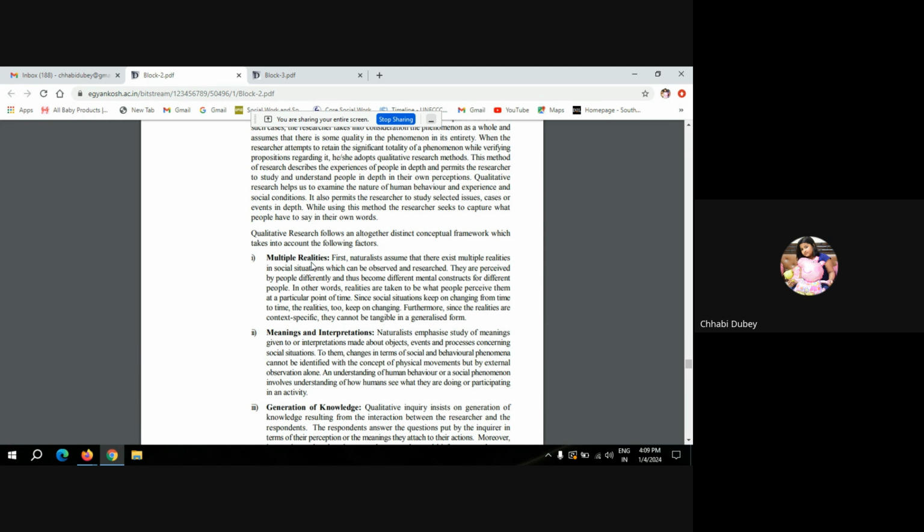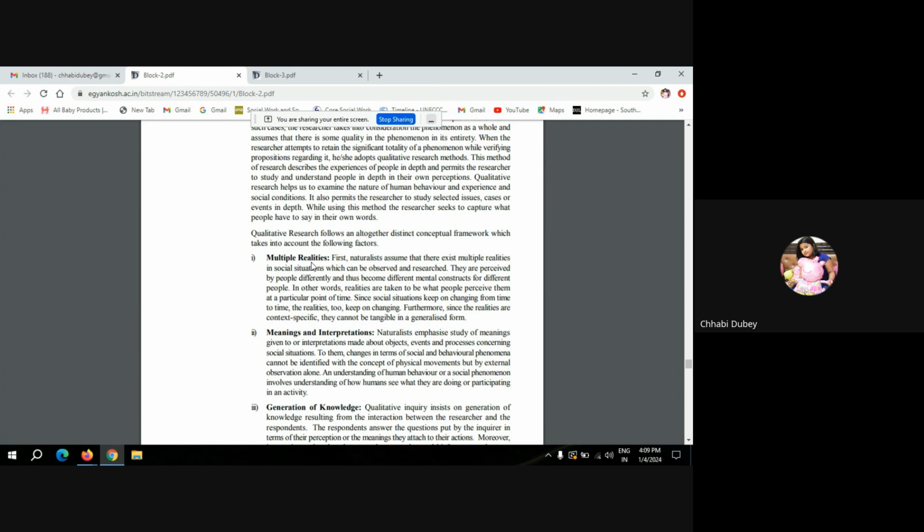It will depend upon the overall context of the individual or that particular phenomenon. So again, the meanings will differ, okay, and the interpretations are going to differ. So all of these things are definitely going to differ. So again, we will have different meanings of the different situations which are presented to us.